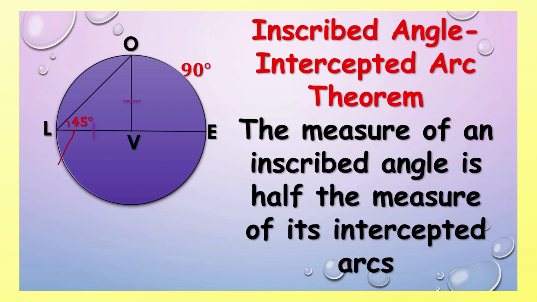This one is the inscribed angle, and this one is the intercepted arc. Ito yung kanyang intercepted arc. So the measure of an inscribed angle is half the measure of its intercepted arc. Kalahati lang yung ating inscribed angle ng kanyang intercepted arc.